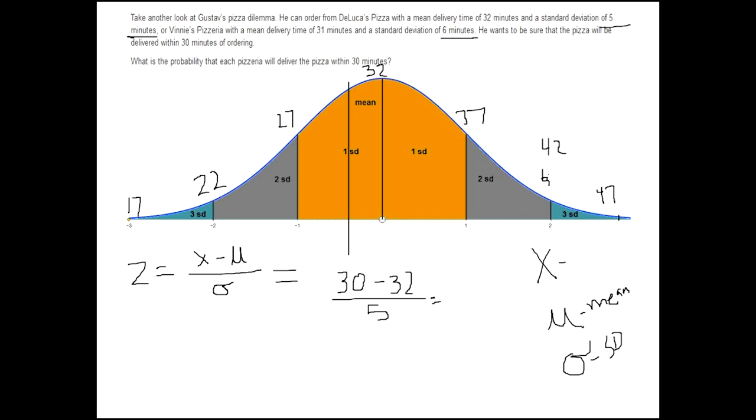We come to this and we say, okay, so we're looking at 30 minus 32. We've got a negative 2 over 5, which we would then get as about negative 0.4. So we've got that value, negative 0.4.